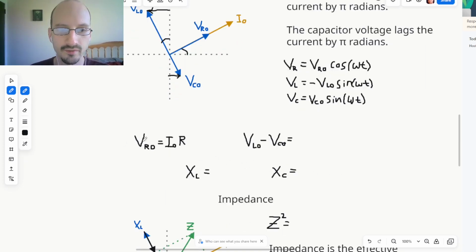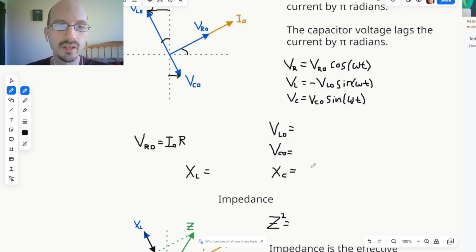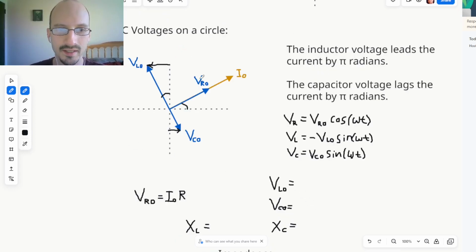Continuing on, the voltage across the resistor is equal to the current times the resistance, and I'm actually going to rearrange this because I want to explain it a different way than I did when I set this up. So we can also talk about the voltage across the inductor and the voltage across the capacitor. I want to make sure you can see that diagram, my bad.